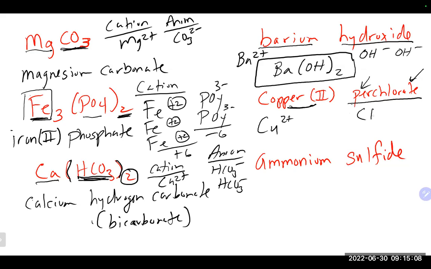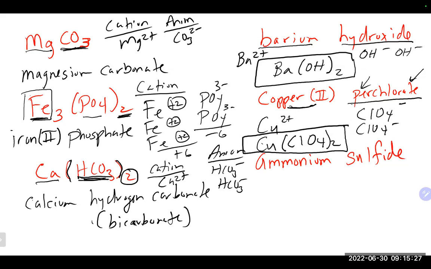So that is ClO4-. When we put this together, we're putting together +2 and -1. So we actually do need 1 more of these guys to balance it out. And that would give us Cu. We do need parentheses 1 more time, ClO4 and a 2 on the bottom there. Any questions on that one there?